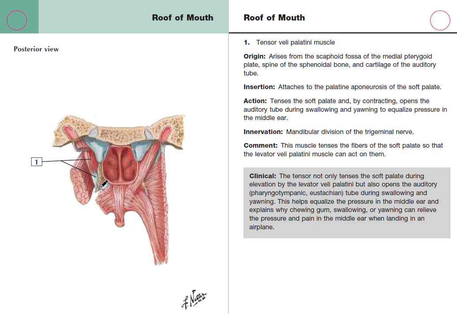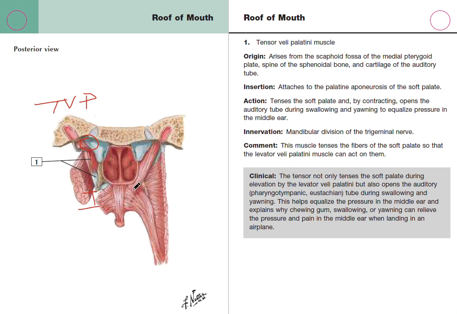Speaking of the tensor veli palatini, it is the muscle which is more medial. It arises from the scaphoid fossa of the medial pterygoid plate, the spine of the sphenoid bone, and the cartilage of the auditory tube. And it inserts into the palatine aponeurosis of the soft palate, just like the levator veli palatini.